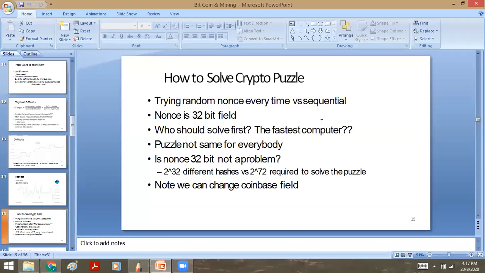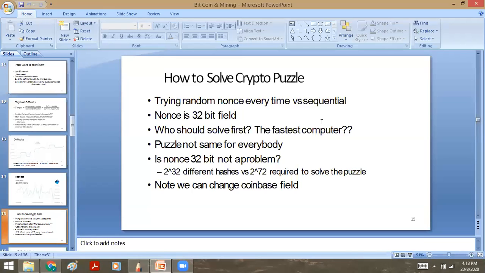But a slightly slower computer, which calculated the hash value with the pool of transactions it has, if it is matching, will get the opportunity to add the block. So the randomization is helping the nodes have a level playing field. Whether you put a fast node or a slow node, it doesn't matter. It's a matter of randomization and luck.